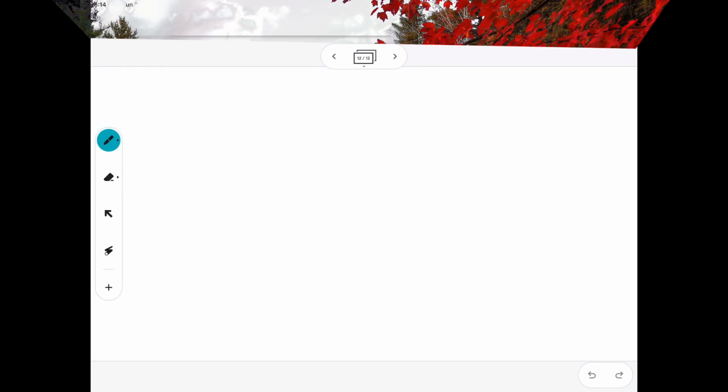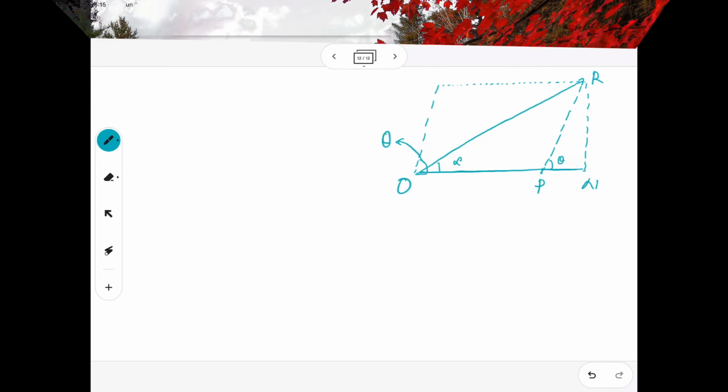I am just redrawing the above diagram here. This is my vector A up to this, and this is the sum of these vectors. Okay, I have redrawn the diagram.